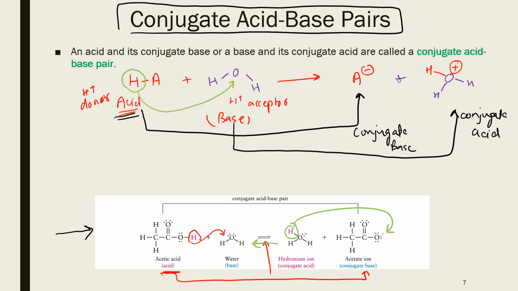So in the reverse direction, the acetate ion will accept the proton. That's why the acetate ion is known as a base, and it's called a conjugate base. In any case, just remember that for any acid, after it donates a proton, whatever is the leftover part is known as the conjugate base of that acid. Together they are known as a conjugate acid base pair.